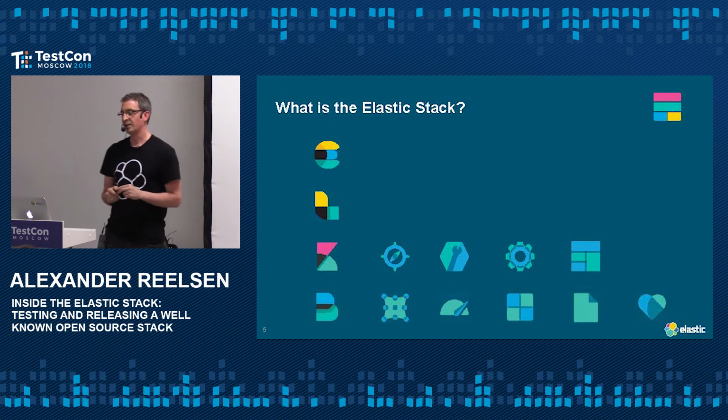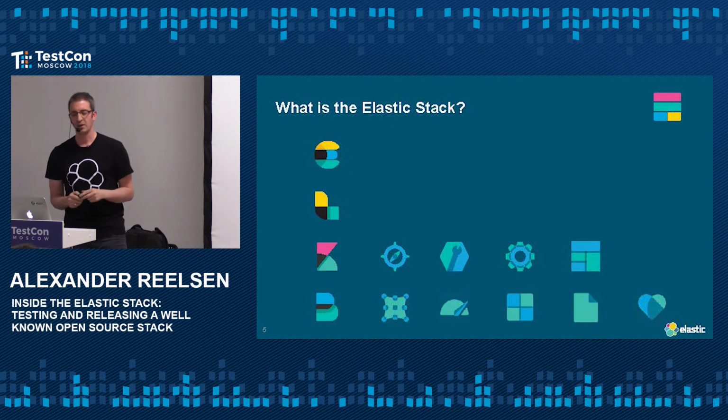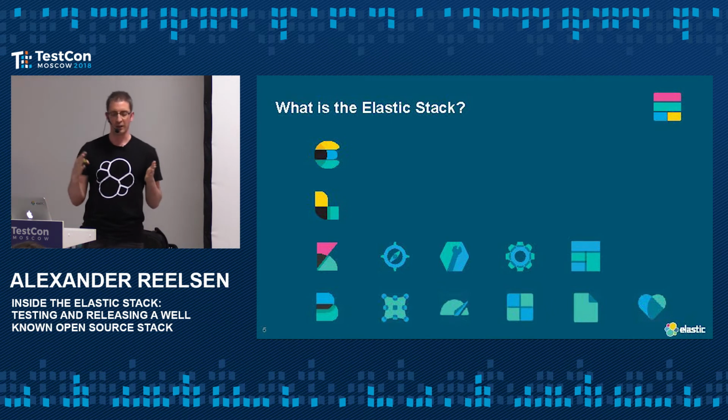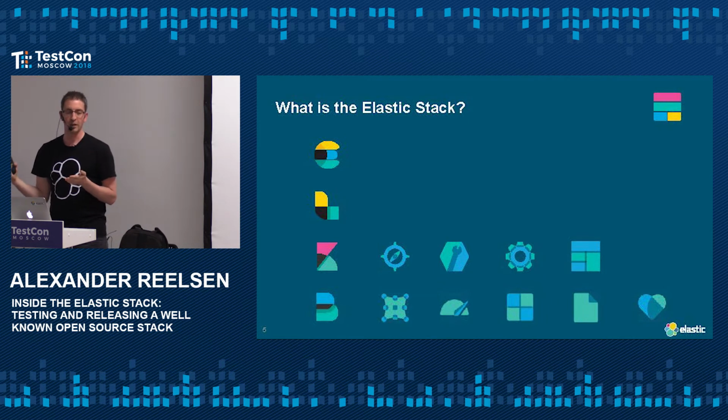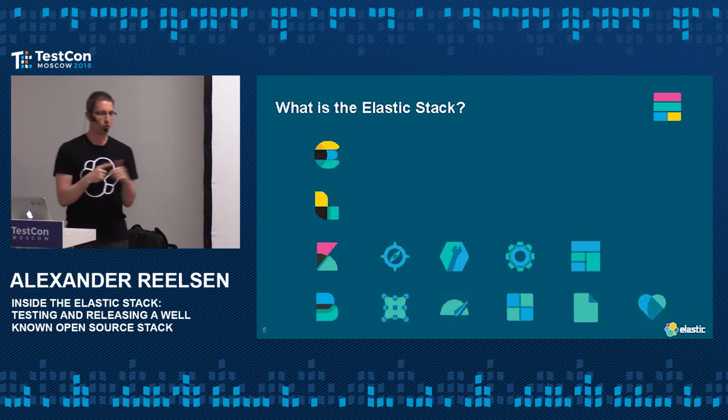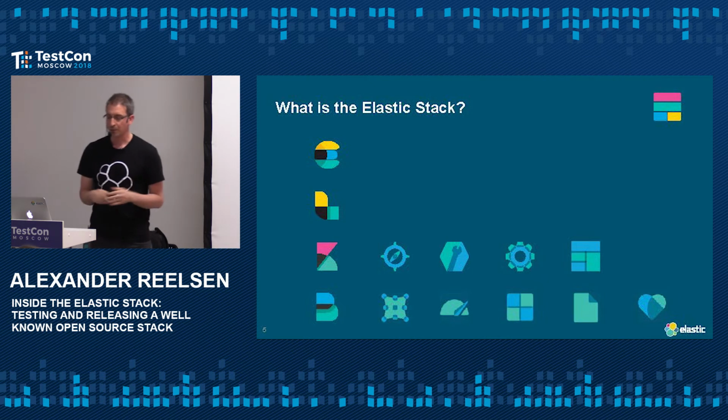So what is the Elastic Stack? Just to make sure everyone is on the same page, we have the open source side of things, which is something like Elasticsearch, Logstash, Kibana, Beats, and the so-called clients, which are basically a small layer on top of HTTP clients to communicate with Elasticsearch, written in their respective languages, like Ruby, Python, PHP, JavaScript, Perl, or Java.